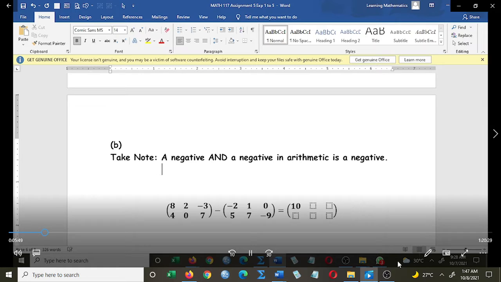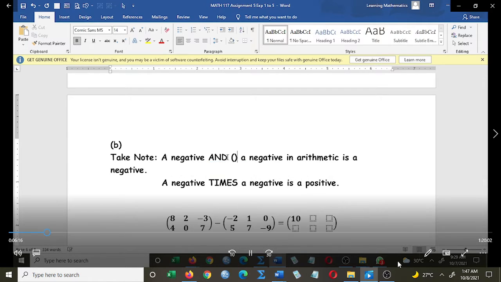Look at another point. A negative times a negative is a positive. Okay, times is multiply, right? But "and" is what? Plus.